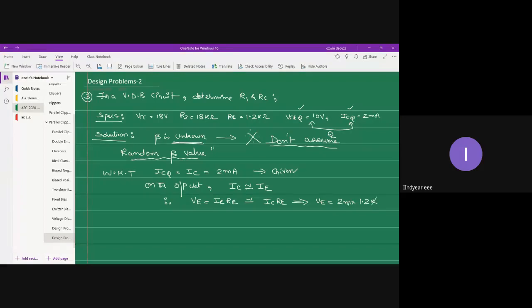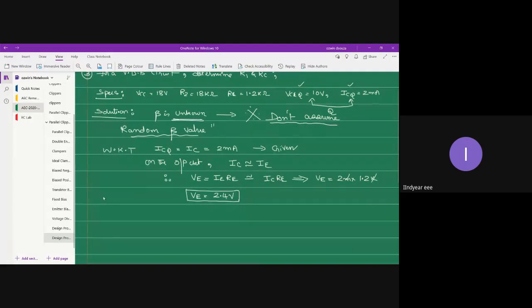Kilo and milli get cancelled, so you will be left with the emitter to ground voltage VE equal to 2.4 volts. Let us put this result in a box. Next up we have the output equation.